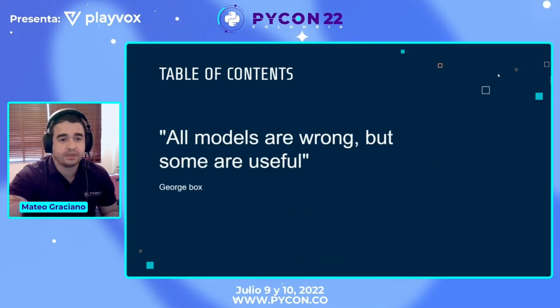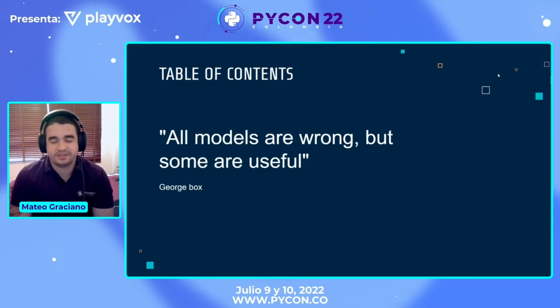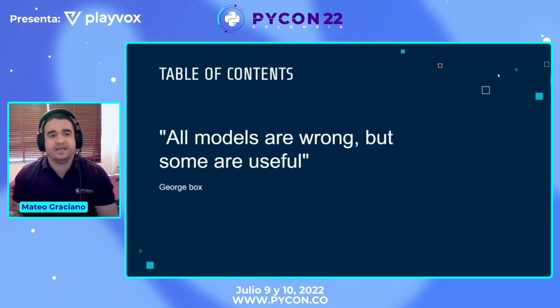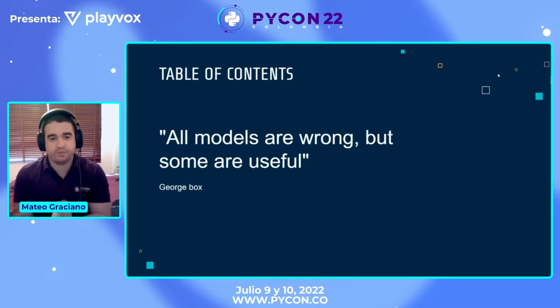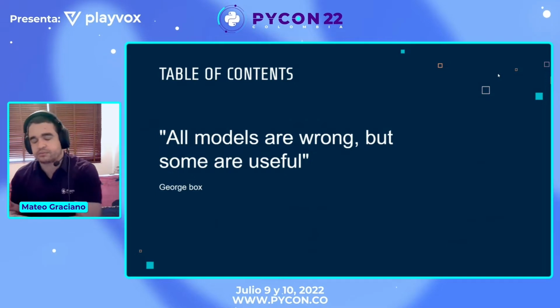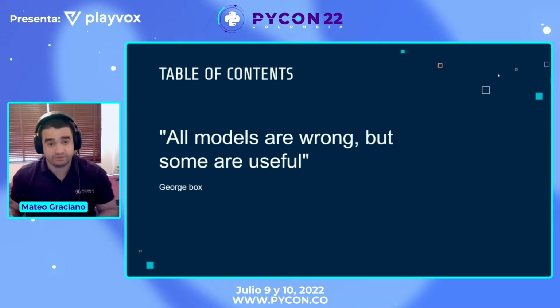This is also one of the most important things of this presentation, and it is that you need to understand that, as George Box said, all models are wrong, but some are useful. That means that ONAs are wrong, but they can be useful.